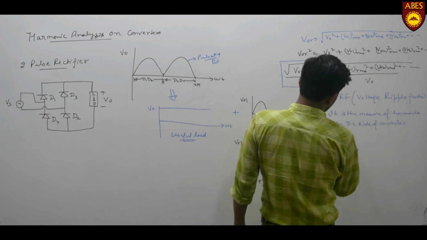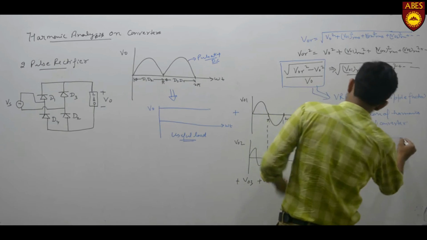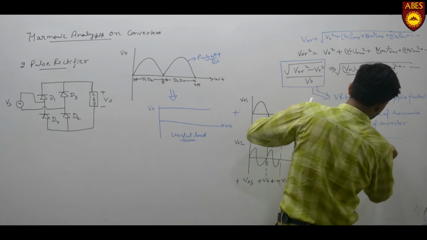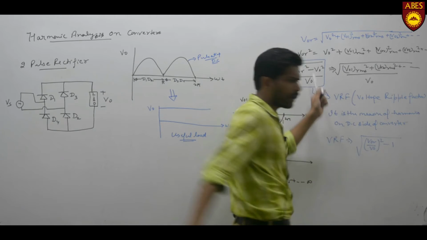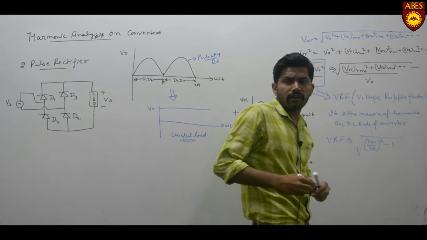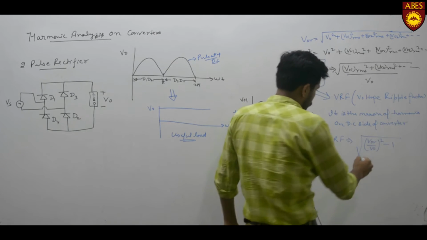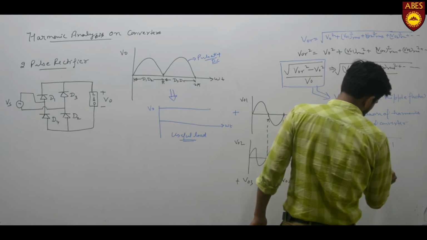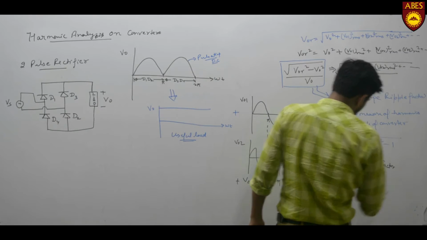So VRF is the square root of VOR square by V0 square minus V0 by V0, which is 1. What is VOR by V0? RMS by average, this is the form factor.